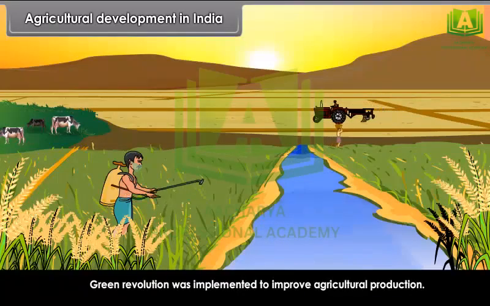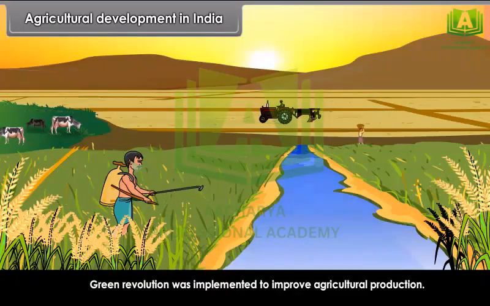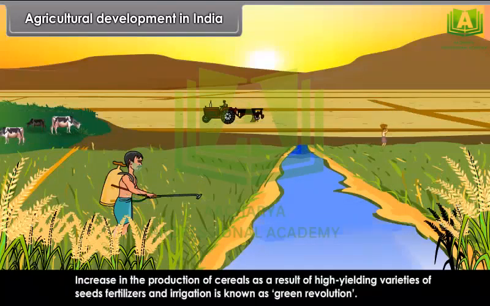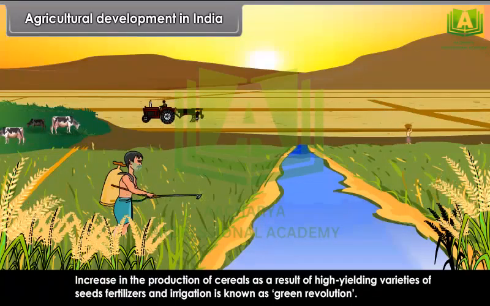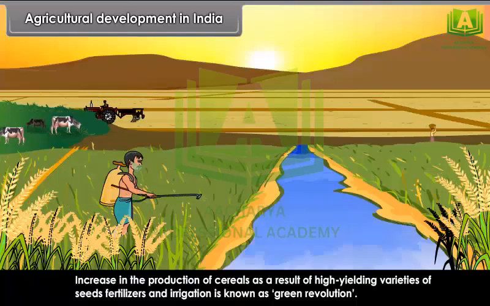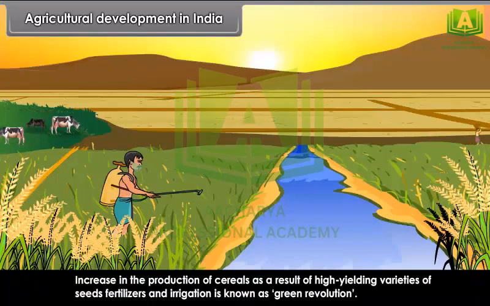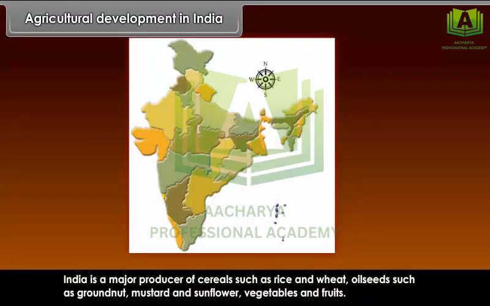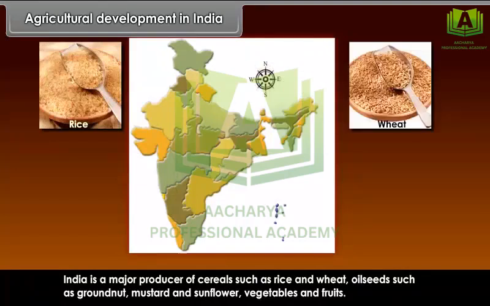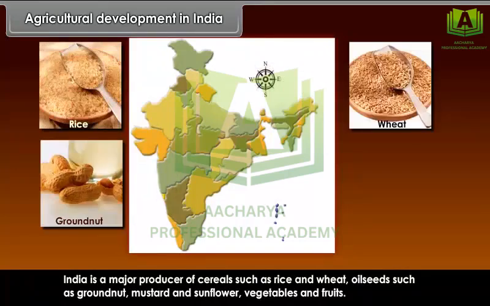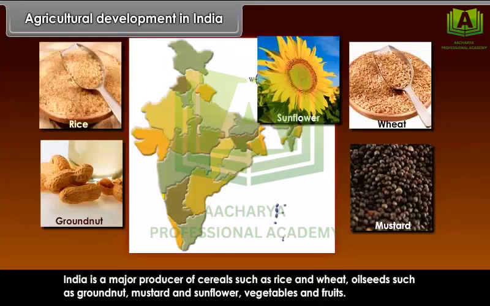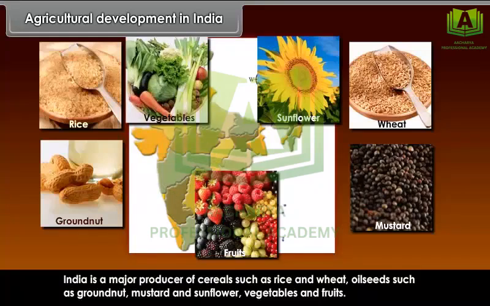Green Revolution was implemented to improve agricultural production. Increase in the production of cereals as a result of high-yielding varieties of seeds, fertilizers and irrigation is known as Green Revolution. India is a major producer of cereals such as rice and wheat, oilseeds such as groundnut, mustard and sunflower, vegetables and fruits.